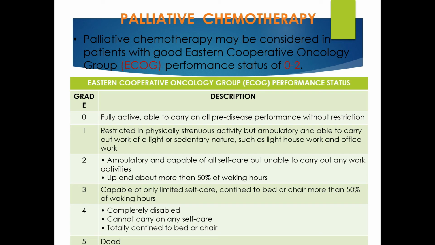Grade 2, ambulatory and capable of all self-care but unable to carry out any work activities, and patient is up and about more than 50% of waking hours. Beyond that, patient is deemed not fit for palliative chemotherapy.